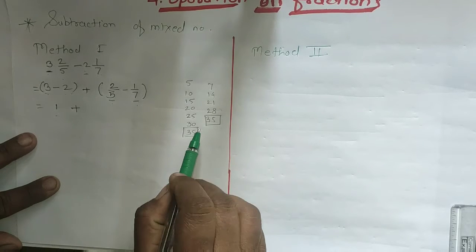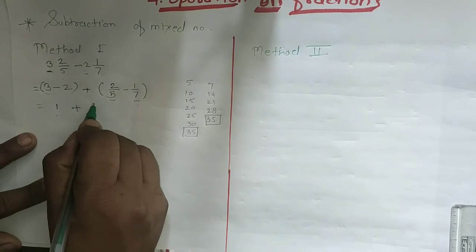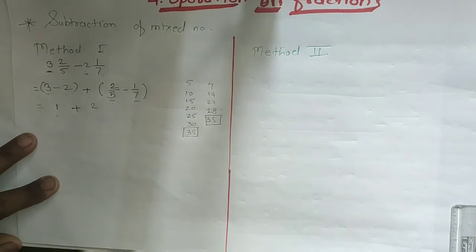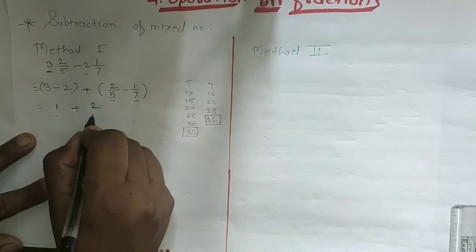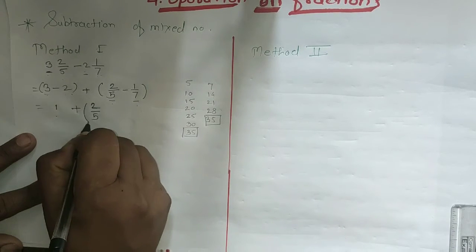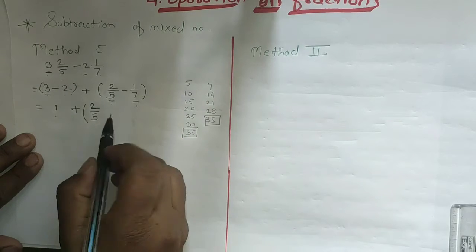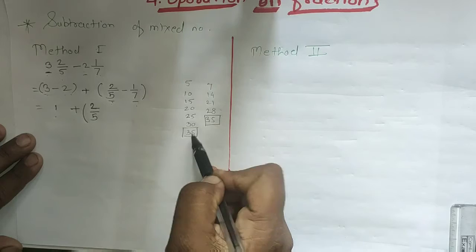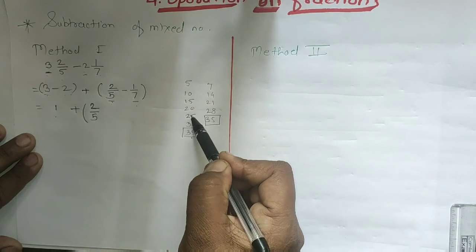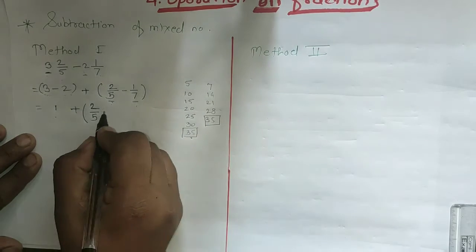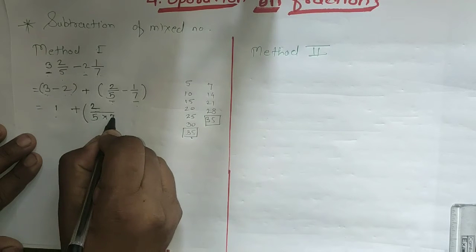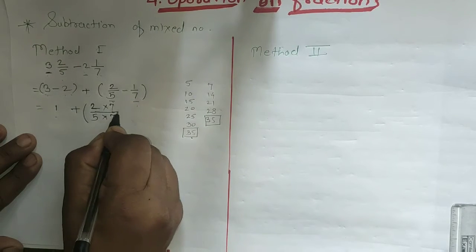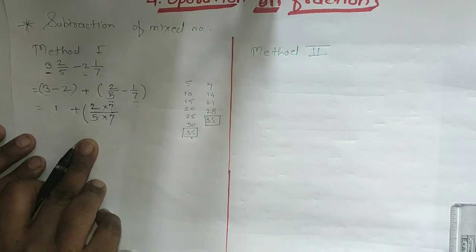First, I write 2 upon 5. I want to make the denominator 35. In 5's table, 35 is at which place? First, second, third, fourth, fifth, sixth and 7th place. So I will multiply this fraction's numerator and denominator by 7.